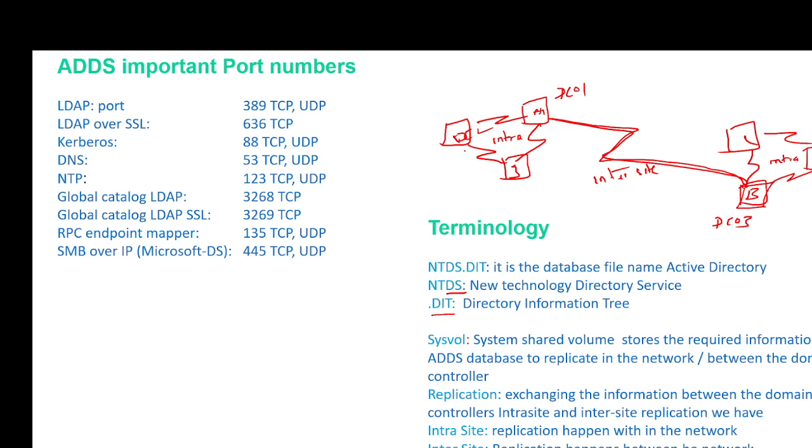Then if DC01 wants to access some application in the Bangalore location or a different domain, what it will do, it will send a query to this DC01, and this one will send that to here, and the communication is established. That is called a shortcut.